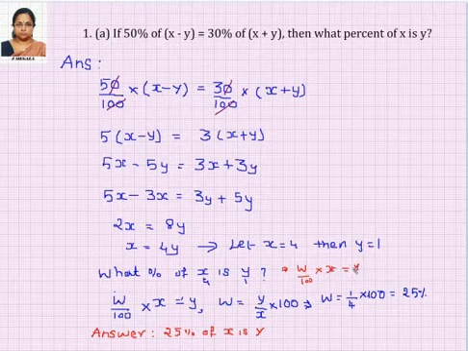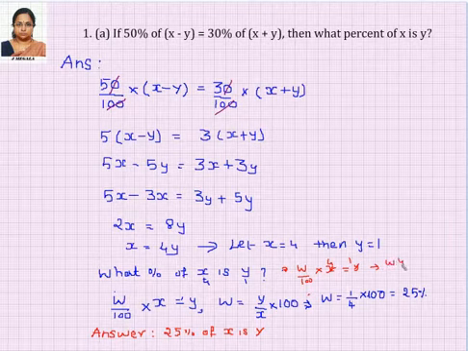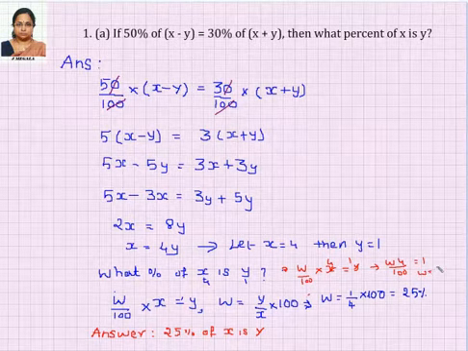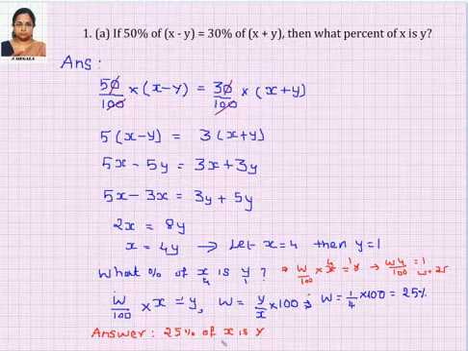Of course, these two values I'm going to write as 4 and 1. So W into 4 by 100 equals 1. So what is W? You bring this to this side, 4 by 100 is 1 by 25, so this goes to this side, it is 25. So that is what is mentioned here.